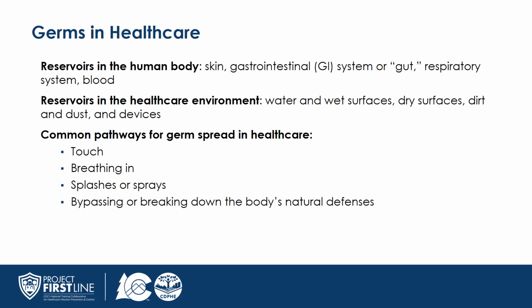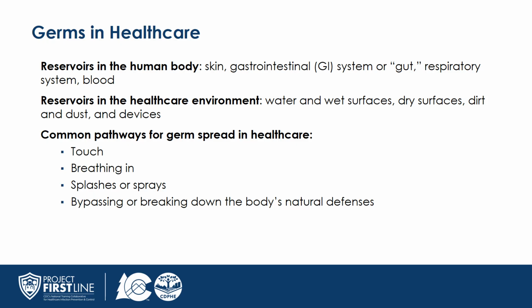In healthcare, we think about germ reservoirs in the human body and in the healthcare environment, which means the body reservoirs and environment reservoirs. Reservoirs in the human body are the skin, the gastrointestinal system or gut, the respiratory system, and blood. Reservoirs in the healthcare environment include water and wet surfaces, dry surfaces, dirt and dust, and devices.